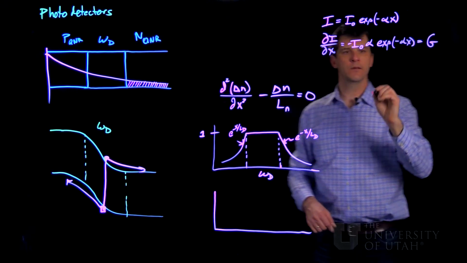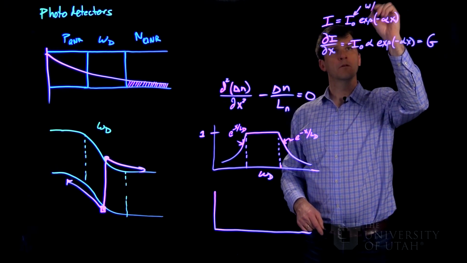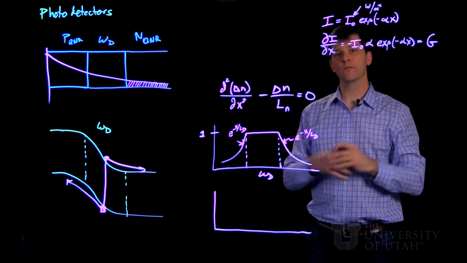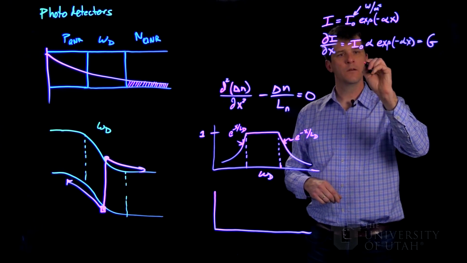Now this intensity here would be watts per meter squared. And we have to convert that into a photon flux so that we can get the generation rate of electrons and holes.